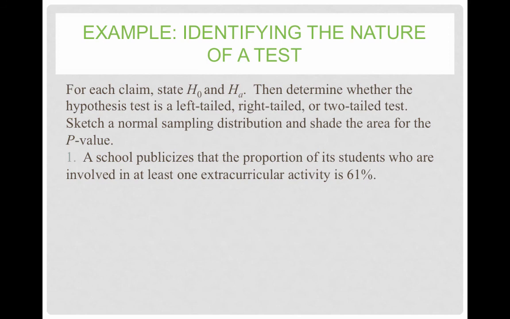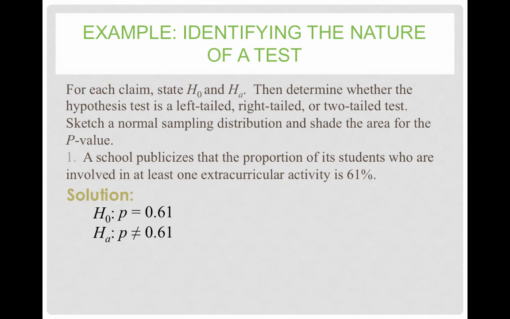All right, so let's go through a few examples and identify the nature of a test. For each claim, let's state the null and alternative hypotheses and then determine whether the hypothesis test is left-tailed, right-tailed, or two-tailed. Okay, and then we're going to sketch a normal sampling distribution and shade the area for the p-value. A school publicizes that the proportion of its students who are involved in at least one extracurricular activity is 61%.